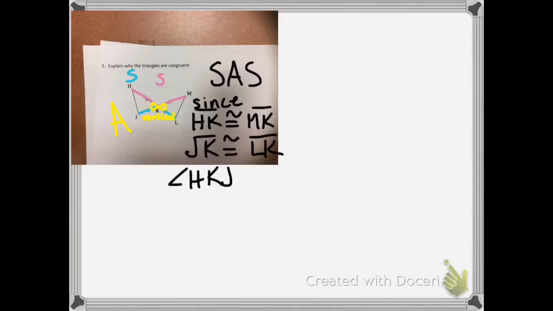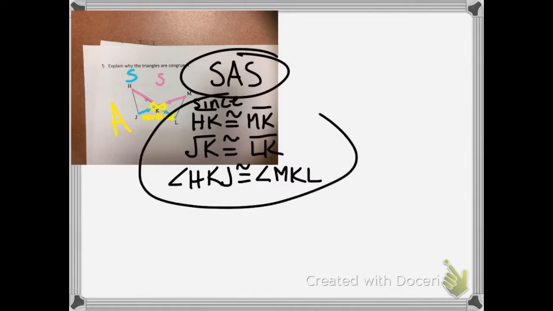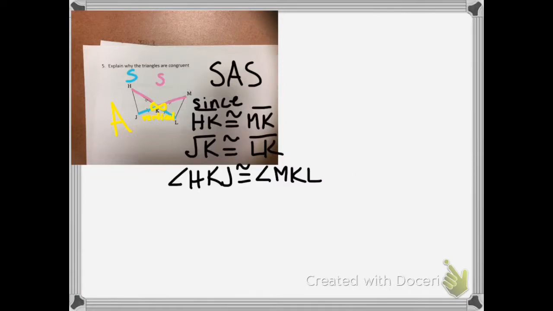Now notice we cannot just call that angle K because there are multiple angles at K. So we had to use 3 letters. We learned how to do that. And then HKJ has to match, and the order here matters, so it would have to be MKL. Okay, and so now we've stated the congruence property and we've explained with this information. So that is a complete proof.